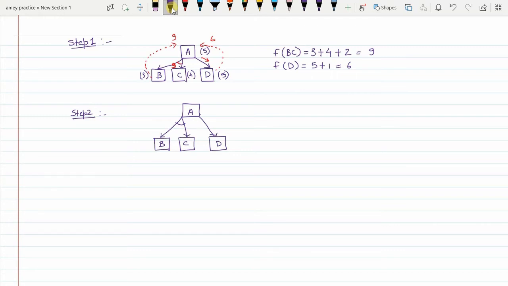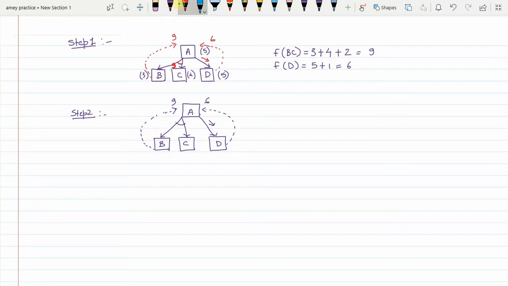We just found out in the previous step that the F value backed up from this side happened to be 9, and we decided to choose the other side because the backup value we got from it happened to be 6, and 6 was less than 9. So then we decided to expand D.